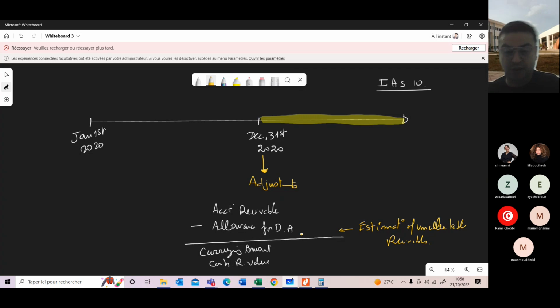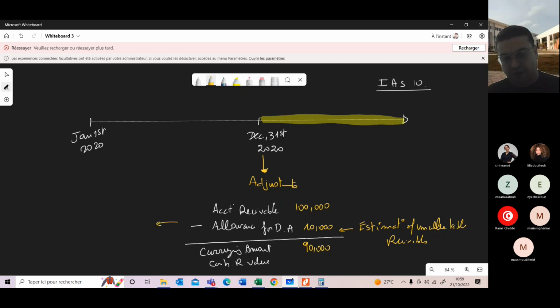Okay? So I put an allowance for doubtful accounts. You have receivables, as an example, of 100,000 with all the customers. You have one customer that you're not certain to collect from, but you are approximately certain that you will not collect. Let's say 10,000. So how the accounts receivable will figure on the statement of financial position is at 90,000.